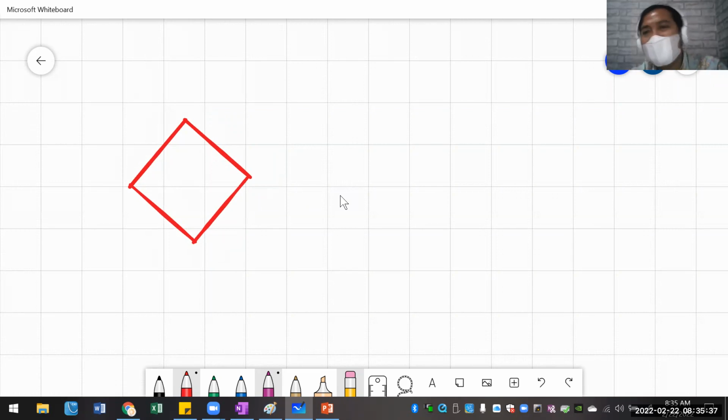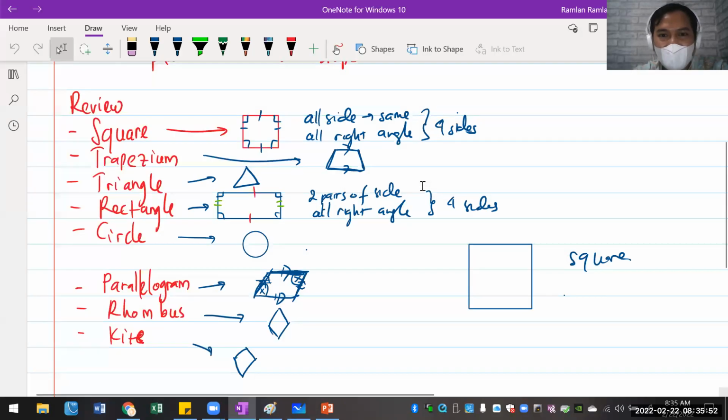So guys, actually this is not a rhombus, it's still a square. When you see that, you think it looks like a diamond, but it's not actually. Why? Because if we go back to the definition of a square, a square needs to have all this.